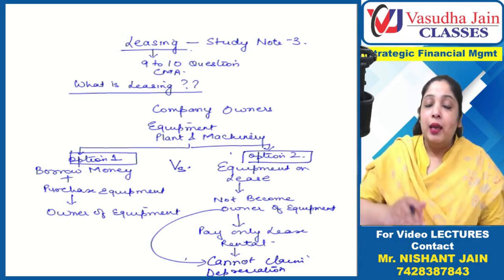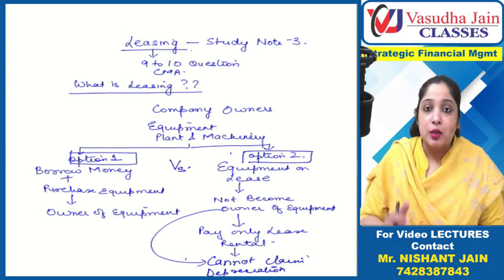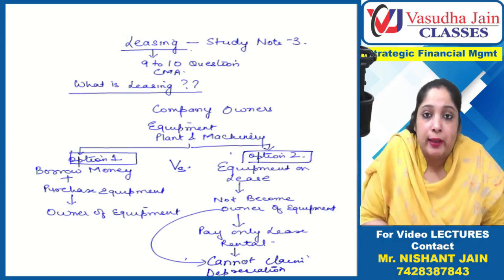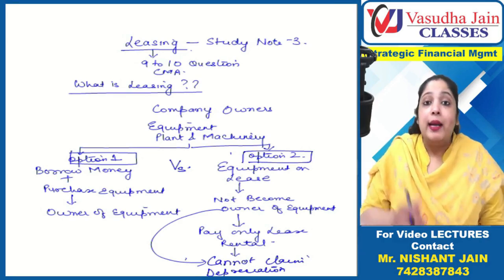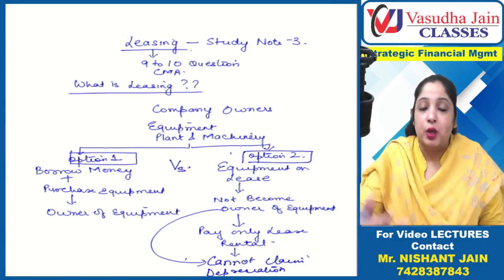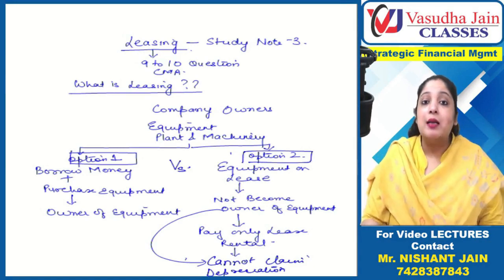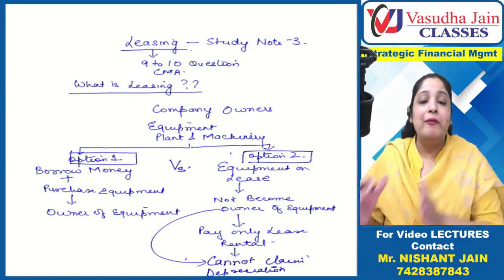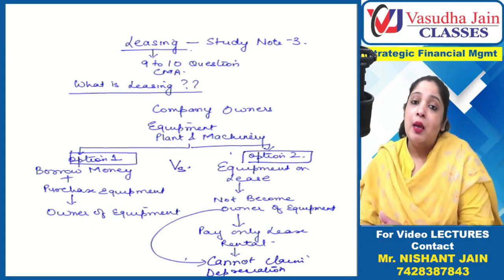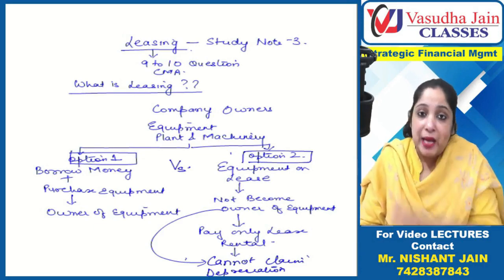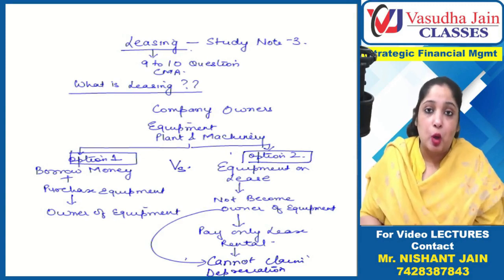First of all, inflows and outflows do not happen in the zero period, they do not happen at the moment. They occur in the future. So all the inflows and outflows have to be, first of all, converted to present value so that we can compare both the options.